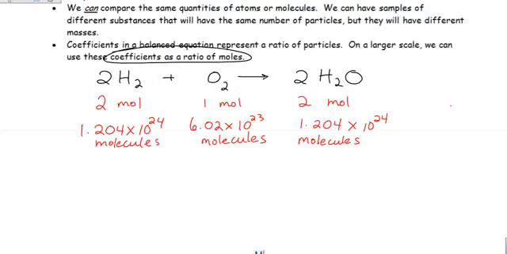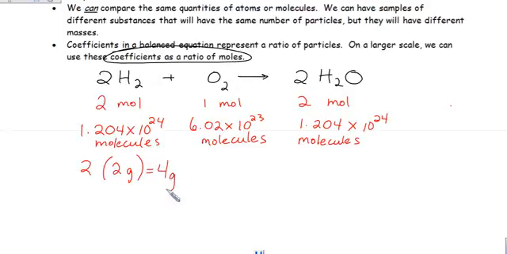Realistically, in the lab, we're going to want to measure in grams. We're going to want to use the electronic balance in grams. So could I find the mass of 2 moles of hydrogen gas? Hydrogen is about 1 gram per mole. H2 diatomic would be about 2 grams. 2 times 2, about 4 grams of hydrogen.